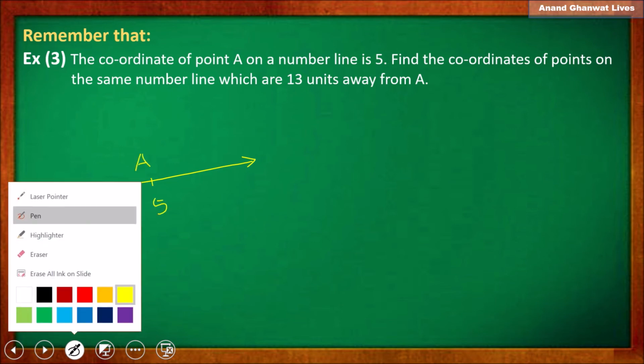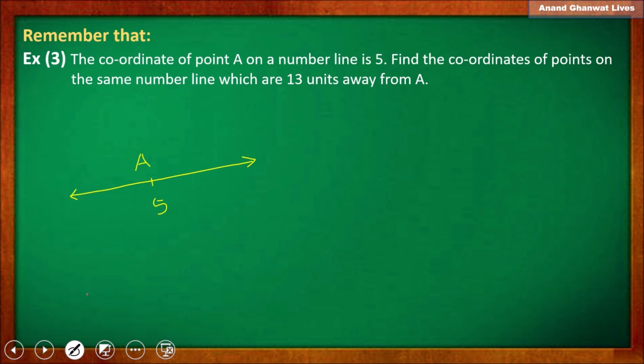Now let us take another point B on this line, either to the right side of A or the left side of A. Let us suppose the coordinate of point B is x, and we are given that B lies 13 units away from point A.